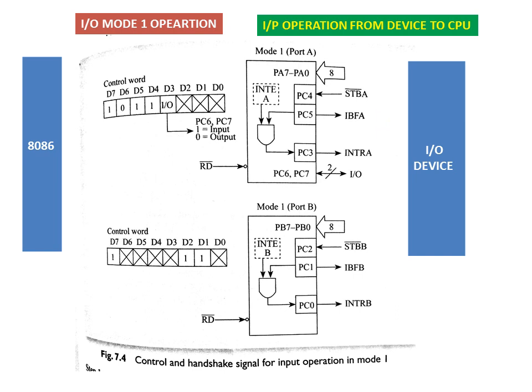The meaning of this is the 8255 sending an acknowledgement signal to the IO device: Yes, I received your data through port A.